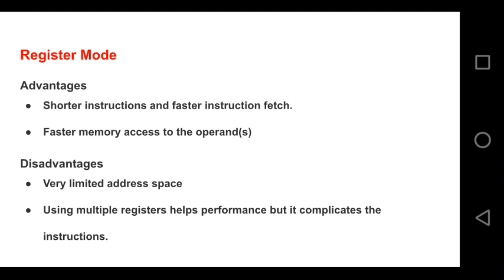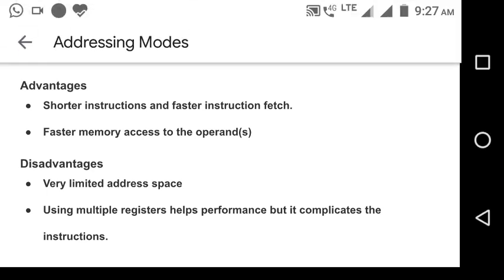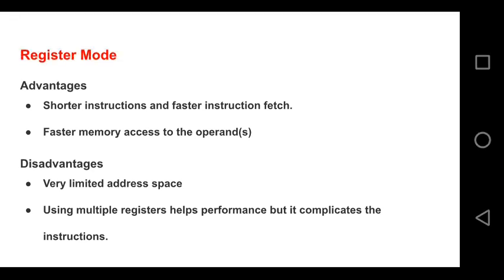The first one is, as the instruction contains only the name of the register, the length of the instruction gets reduced. And when the length of the instruction gets reduced, it is easy to fetch. The second advantage is faster memory access to operands.